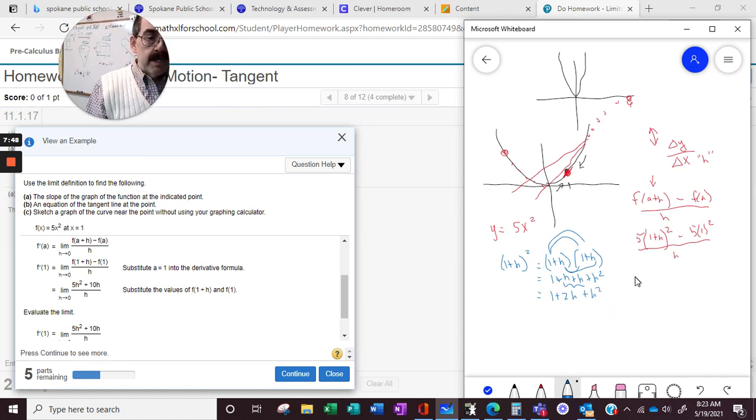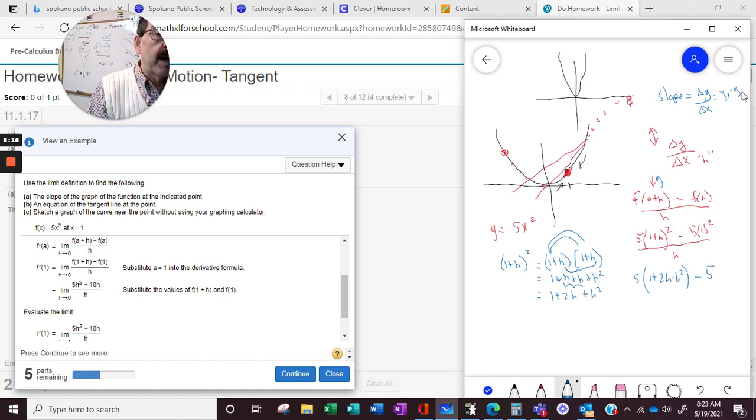Now we have 5 times what we just did: 5 times (1 plus 2h plus h squared), minus 5 times 1 times 1. Now there's the slope of the line: the change in y over the change in x.